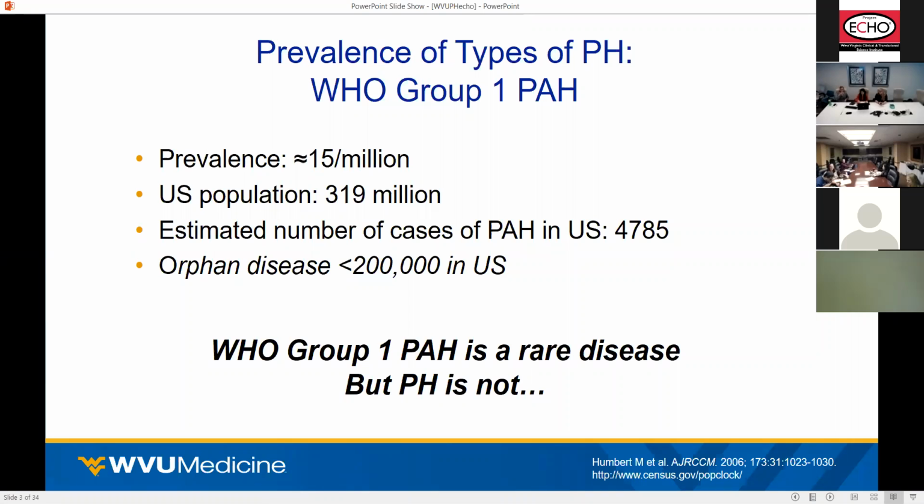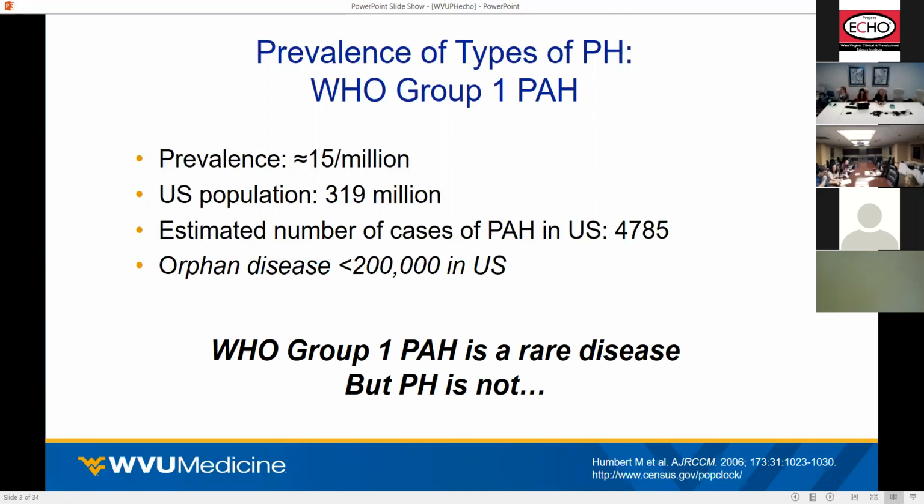So group 1, like I said, is very, very rare, about 15 per million. If you look at the U.S. population of 320 million, the estimated number of cases of PAH in the U.S. is about 4,700, and total less than 200,000. So group 1 is very, very rare.